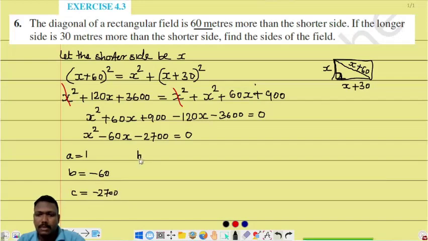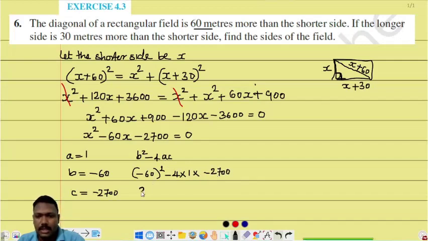Now find b squared minus 4ac. b squared means minus 60 squared, minus 4 into A, which is 1, into C, which is minus 2700.